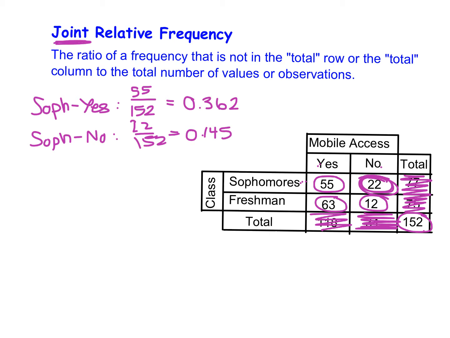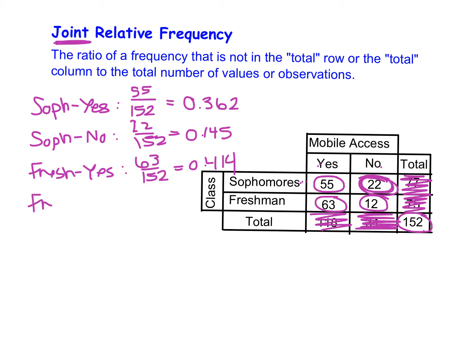Then from here, I can find the joint relative frequency of freshmen and yes, because that's two things joined together. So I would take 63 over 152, which is 0.414.